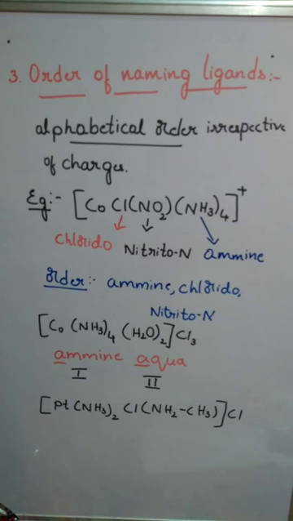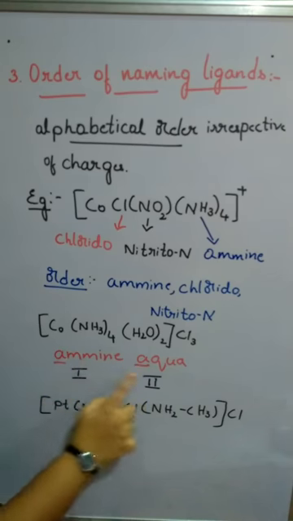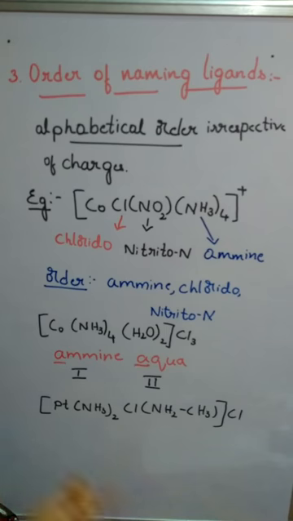So at that time you need to analyze, check the alphabetical order of the ligands, and then name it. Here both the ligands start with the same letter, so we check the next letter, where M comes first according to alphabetical order. So ammine is the first ligand in the order of naming. Ammine comes first, then comes aqua.